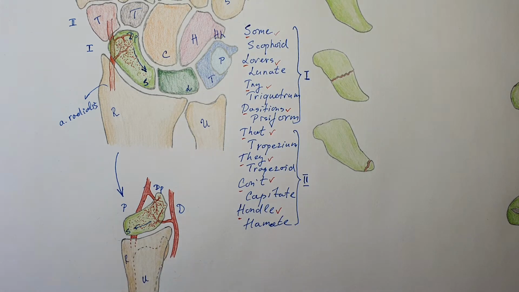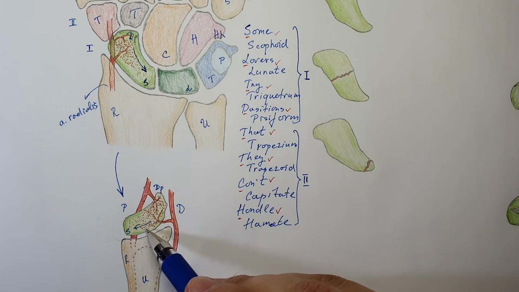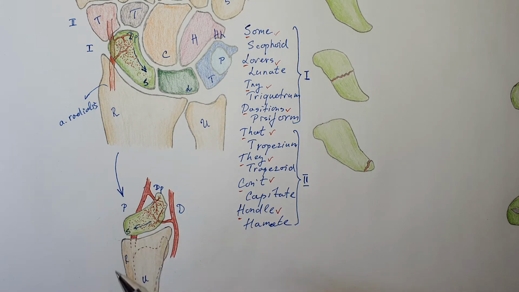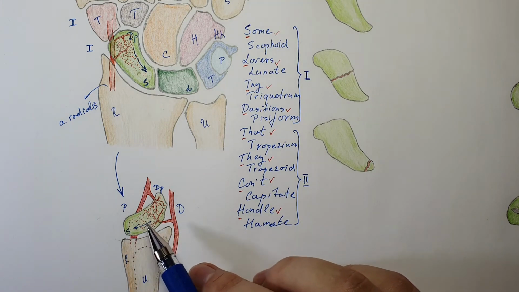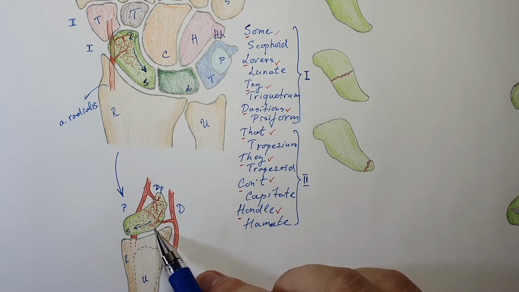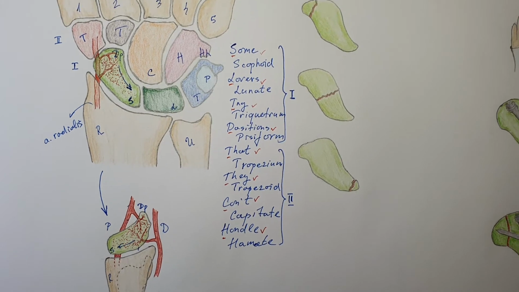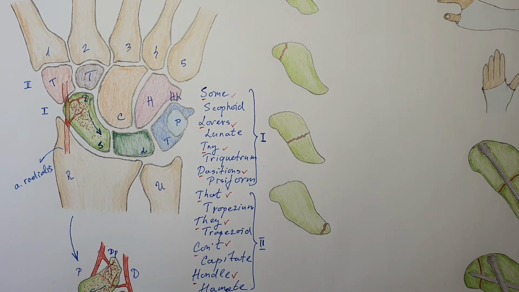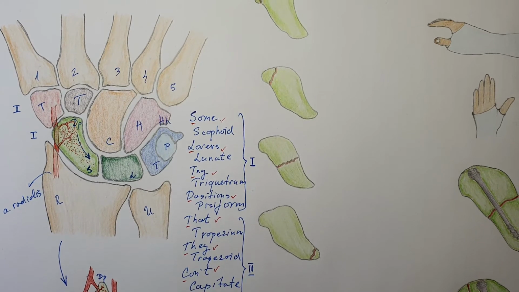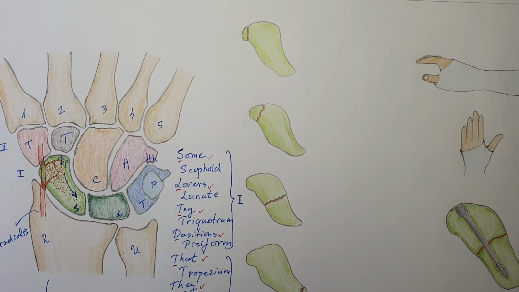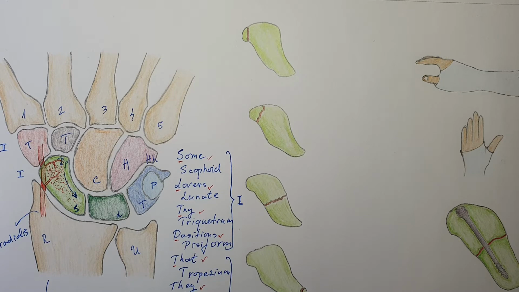This is very significant because fractures occurring at the waist, sometimes because of the disruption in the blood supply, can't heal properly, and that gives rise to non-union and specific problems, especially if this is left untreated in patients that have this fracture.